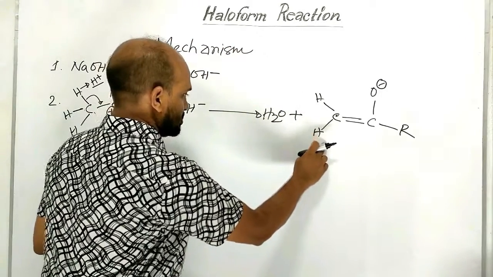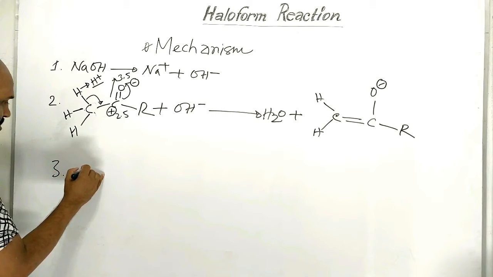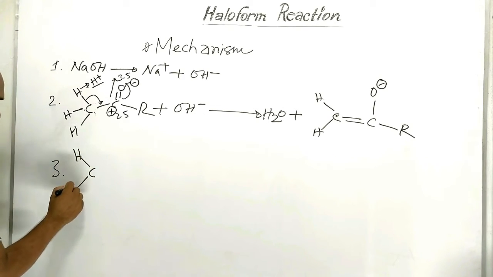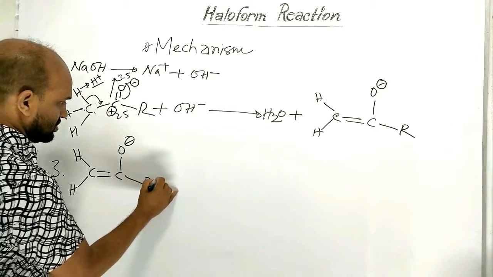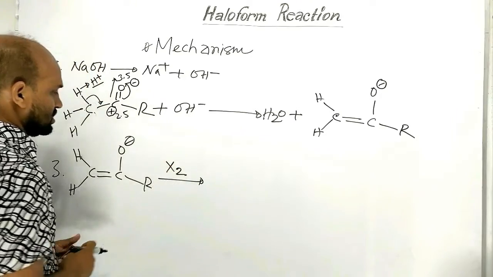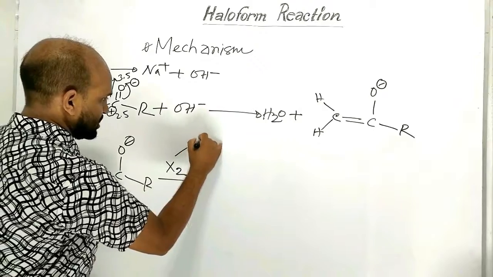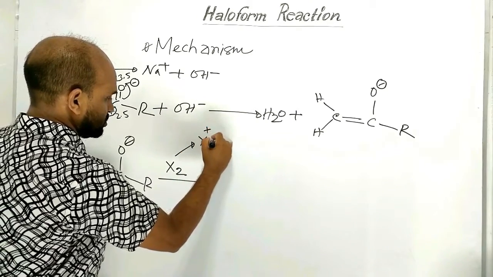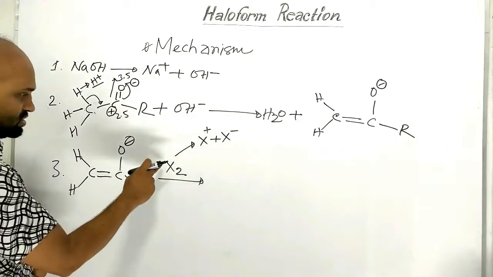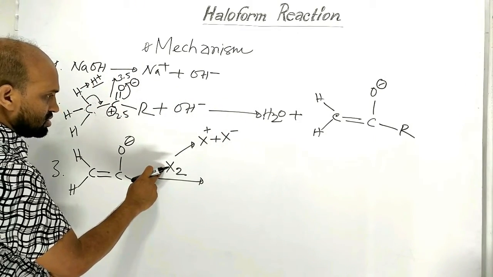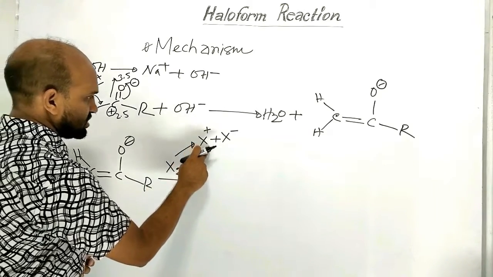This entity reacts with halogen. This halogen undergoes heterolytic fission to form halogen cation and halide ion. This is elementary molecule. Nevertheless, it undergoes heterolytic fission.